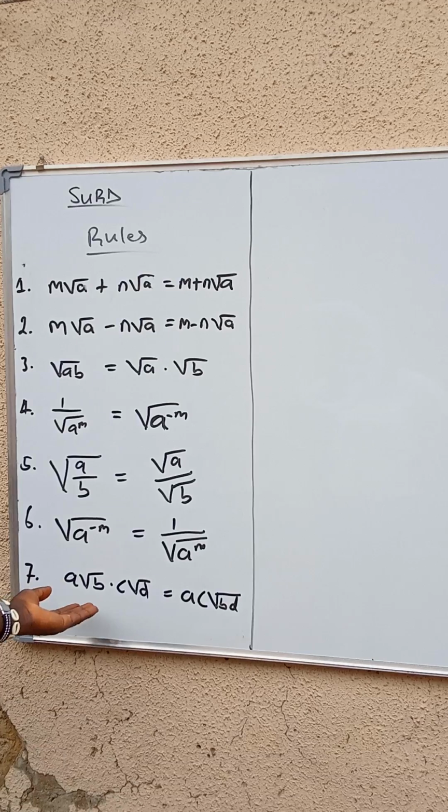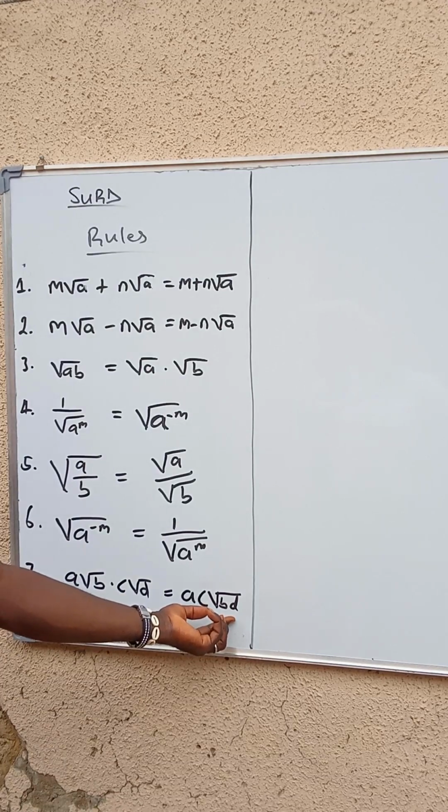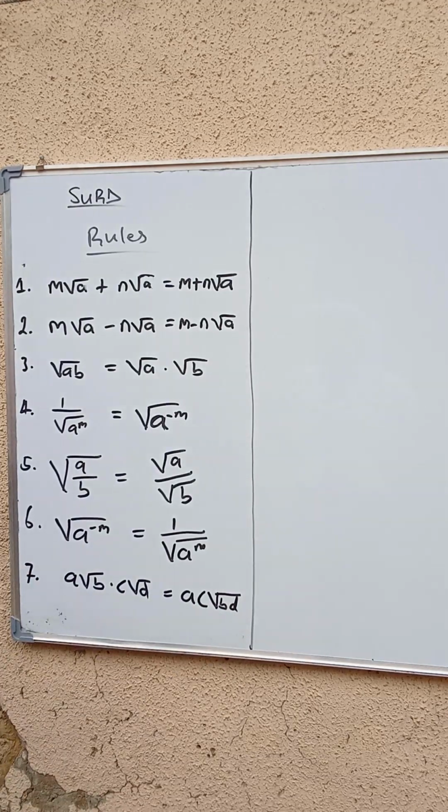For this multiplication, you first take the outside numbers and multiply them, then the inside ones also multiply with the same sort. Having said this, there are other ones that may be generated from all these ones. As you go further, you will see them.